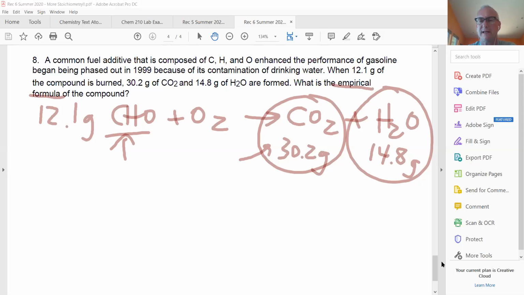What about water? What does that give me? Hydrogen and oxygen. No, it doesn't give me oxygen, just hydrogen. The reason it doesn't give me oxygen is because there's oxygen present in both the atmosphere that I'm burning it in and in my reactant. And I don't know where that oxygen comes from.